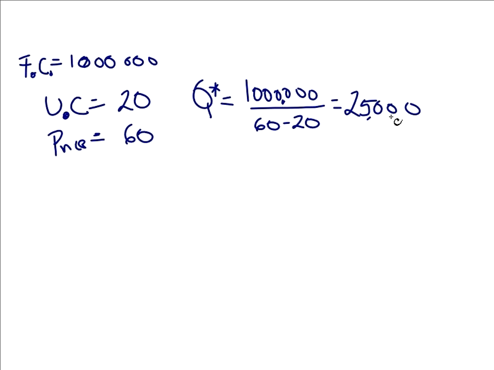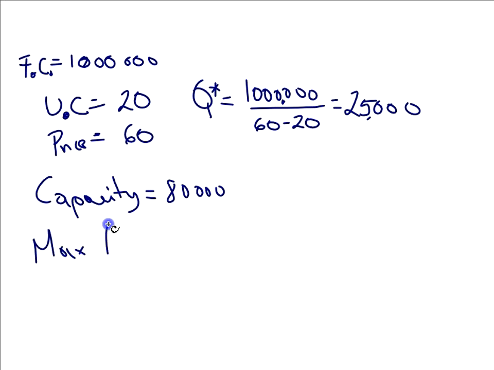Very good. Now let's say that the capacity of the plant is 80,000 units. What's the maximum profit that a company can make under this maximum capacity?